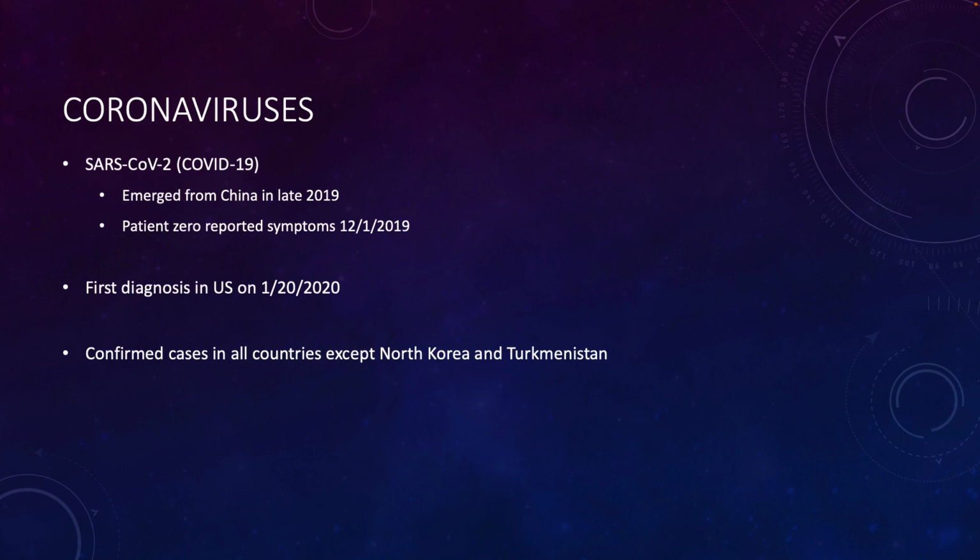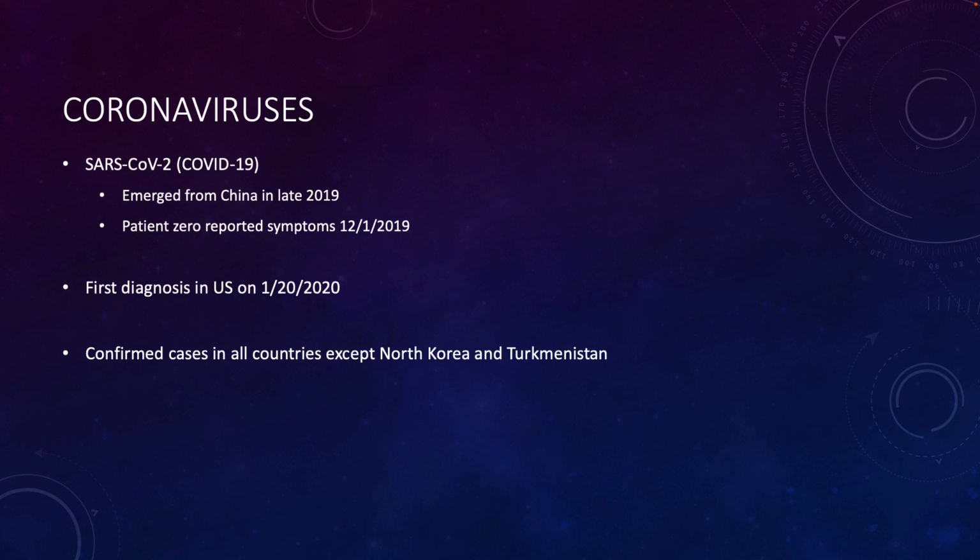The first patient in the United States was diagnosed on January 20th, 2020. By mid-March 2020, you may remember pretty much the entire state was shut down. Other states were a little bit ahead of us. Other states were a little bit behind us, but it got serious really quick.